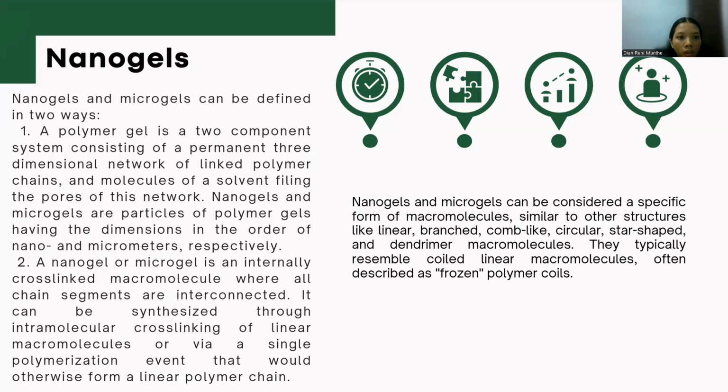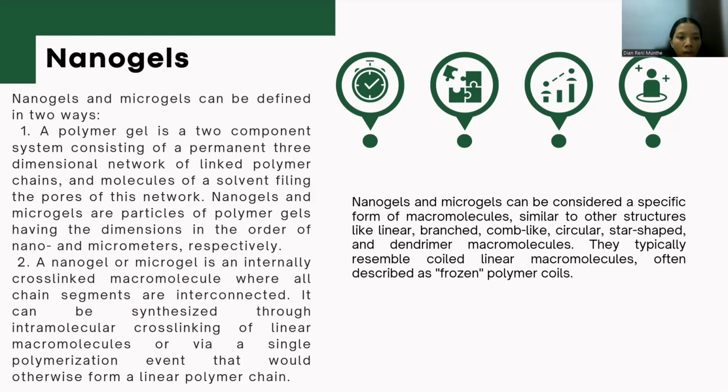Second is about nanogel. Nanogel and microgel can be defined in two ways. One, a polymer gel is a two-component system consisting of a permanent three-dimensional network of linked polymer chains and molecules of a solvent filling the pores of this network.